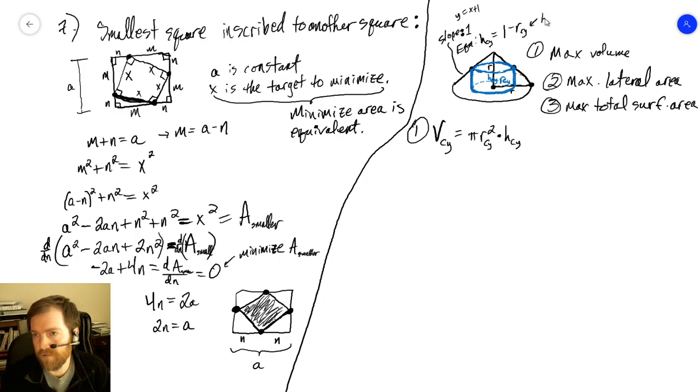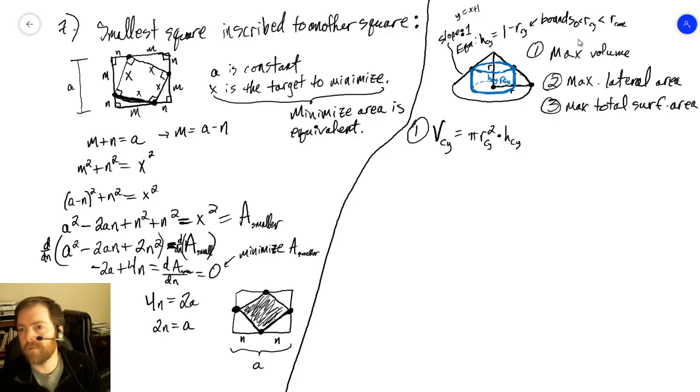With bounds, the radius of the cylinder is going to be less than r but greater than 0, and the height of the cylinder is going to be the same, so between 0 and the radius of the cone. Alright, they have sort of an inverse relationship working there.